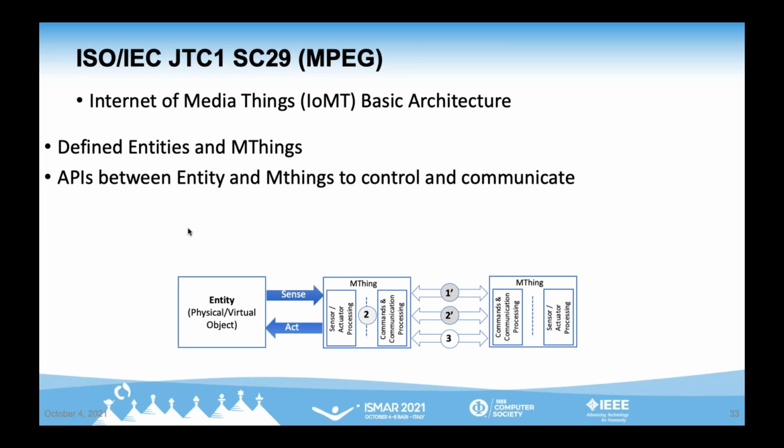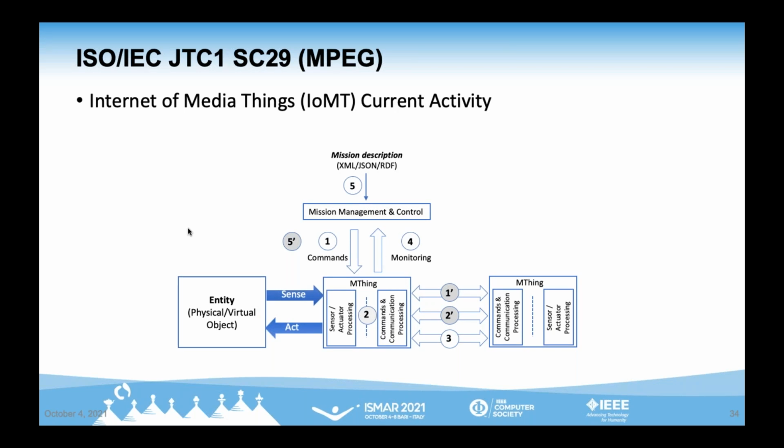Just want to take a minute to introduce to you the Internet of Media Things, IoMT. They have already released and defined their basic architecture, which defines entities and M things, as well as APIs between entities and M things and between M things to control and communicate.